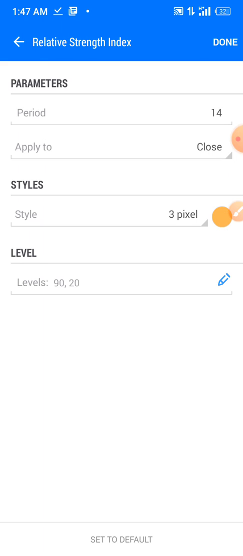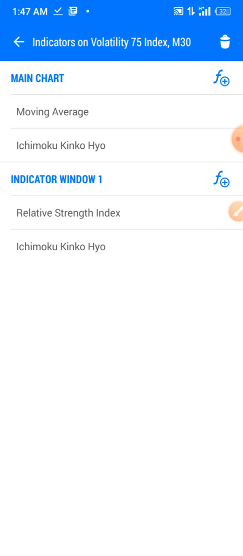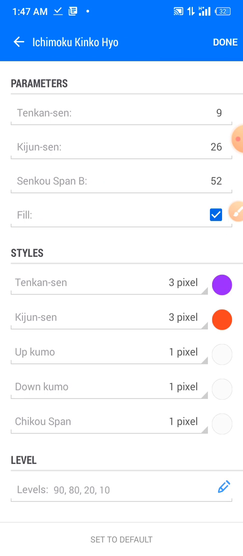Then you click done. After that, you go to your Ichimoku, the same Ichimoku in the same window one. This is what you are going to put in your figure. Please, you can pause and screenshot it so that yours will be the same.